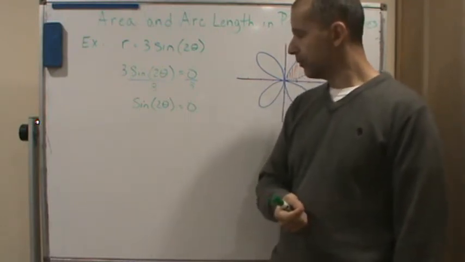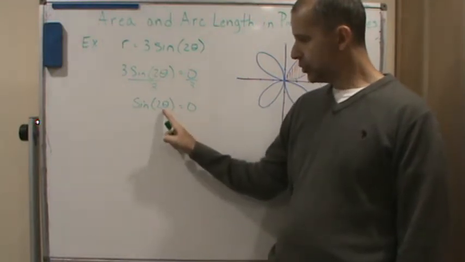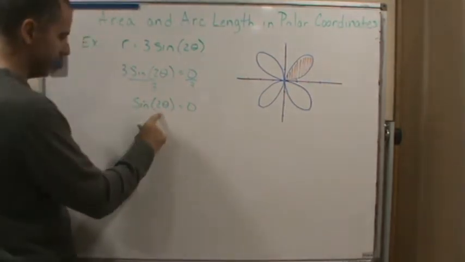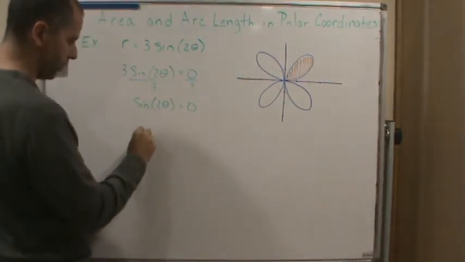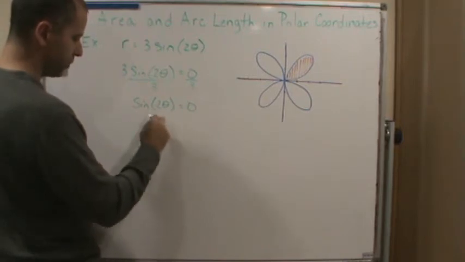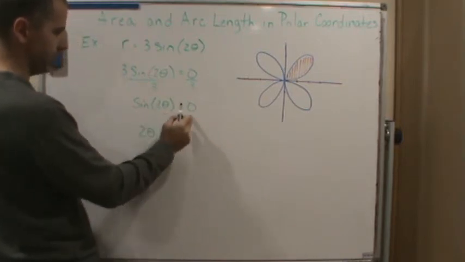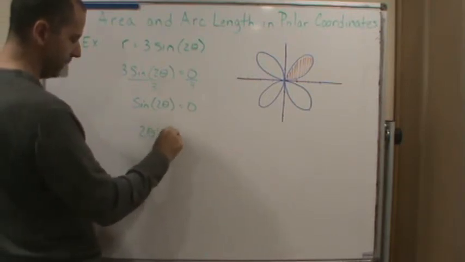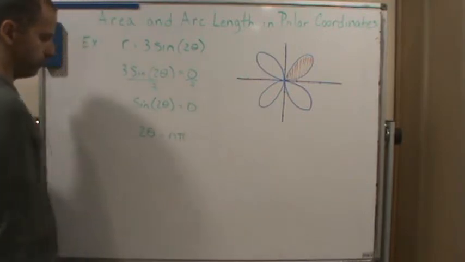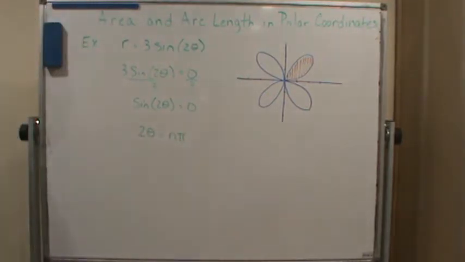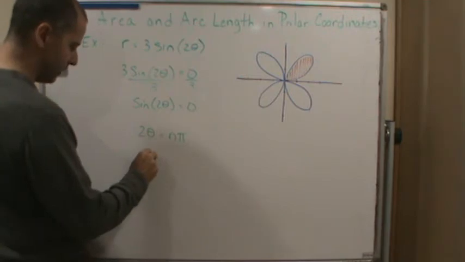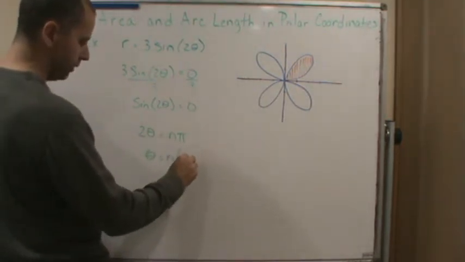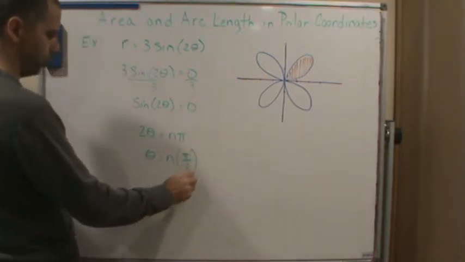Here we have 2 theta, so sine 2 theta is equal to 0 when 2 theta is equal to any integer multiple of pi, which means theta is equal to any multiple of pi over 2.